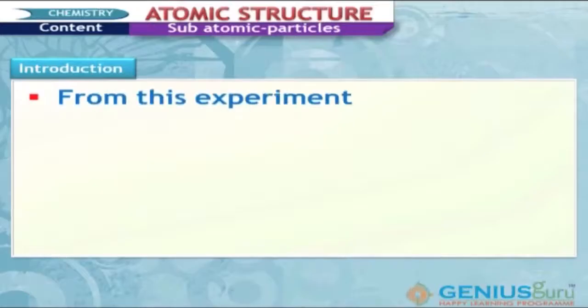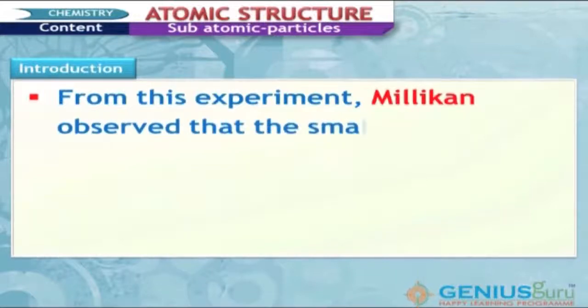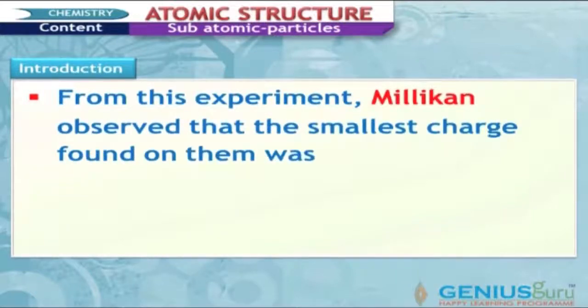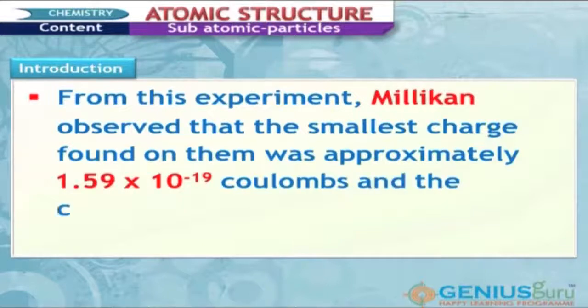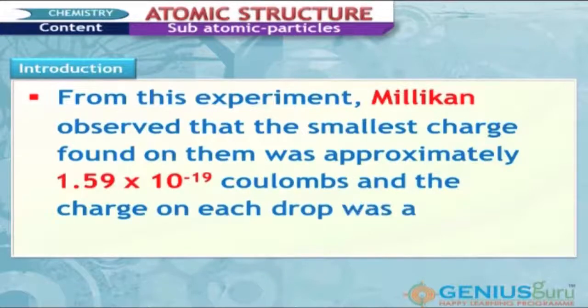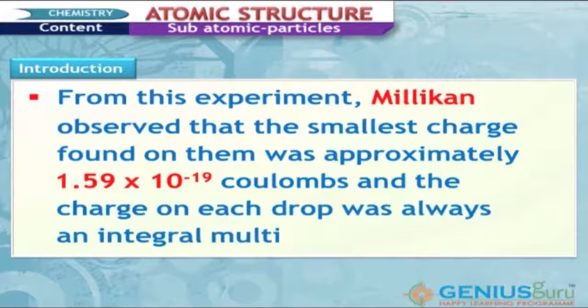From this experiment, Millikan observed that the smallest charge found on them was approximately 1.59 into 10 power minus 19 coulombs. Later, these oil drops were further analyzed, and the smallest charge accumulated on an oil drop is 1.59 into 10 power minus 19 coulombs. The charge on each drop was always an integral multiple of this value.